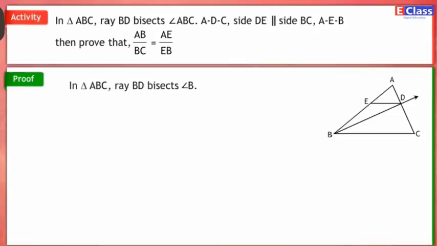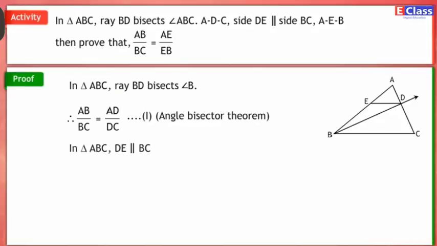Proof. In triangle ABC, ray BD bisects angle B. Therefore, AB upon BC is equal to AD upon DC by angle bisector theorem. Let us mark it as statement 1. In triangle ABC, DE is parallel to BC.